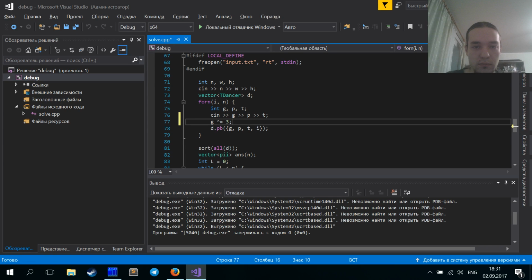Let's just check that if everyone collides, then it's okay. So in this case, the first guy in the order would be this one, and he should finish at 1-3. This is 2-3.